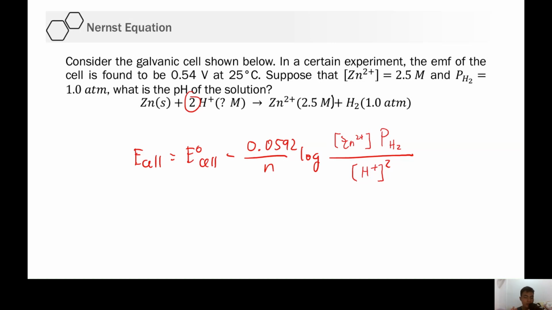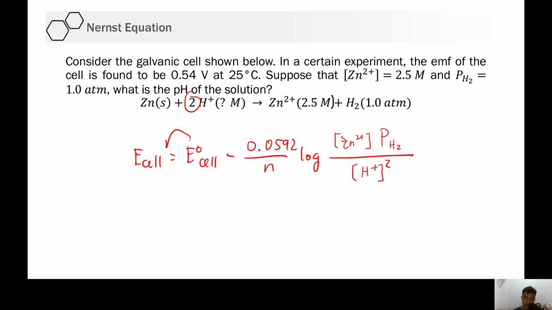Before anything else, let us first derive an equation to get H plus. Take note that H plus is inside the log function, so let me derive how to solve for that first.